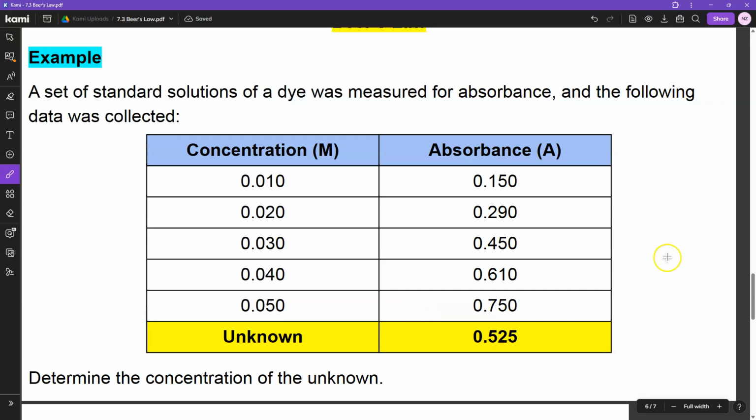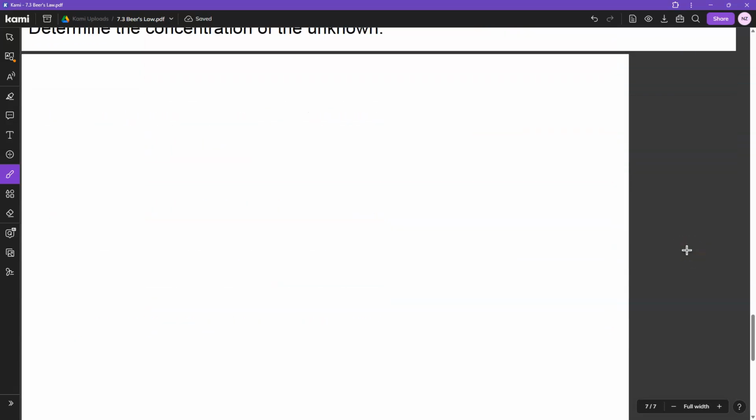Okay, so let's look at an example. This is data that we've collected in a lab. We have a solution, and we have known concentrations and corresponding absorbance values. And it says, determine the concentration of the unknown. So the first thing that we're going to do is find the slope.